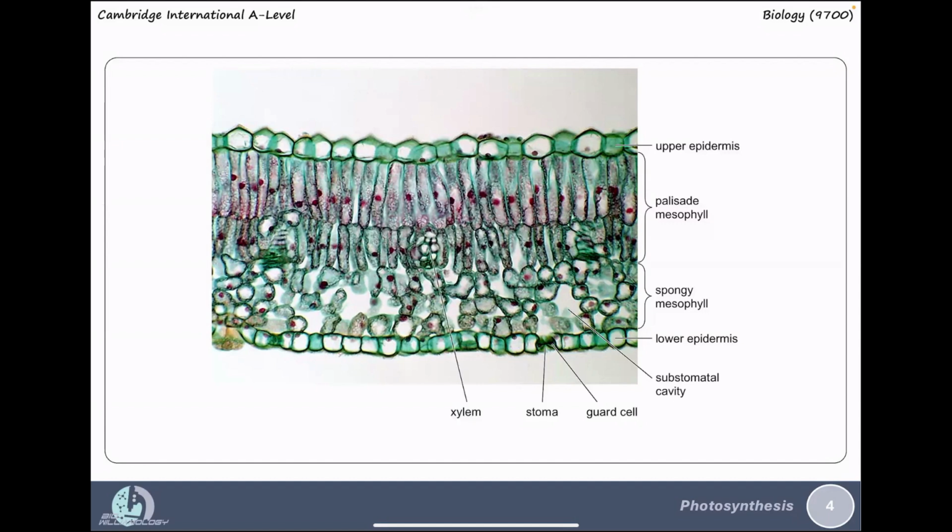Vascular bundle consists of xylem and phloem. As we have learned in AS topic, xylem transports water and minerals, while phloem carries out translocation of the assimilate. Both phloem and xylem form the vascular bundle.